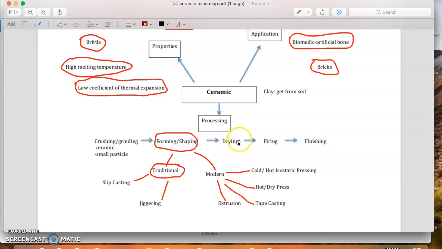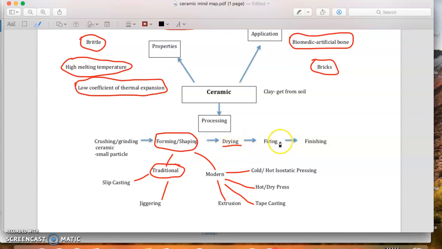So the difference is here, drying. In ceramic processing, we have to dry the preformed part or green part. We have to dry it because before we conduct the forming process, we have to add some moisture or water mixed with the ceramic particles, and then go for forming, and then we have to remove the water through the drying process.